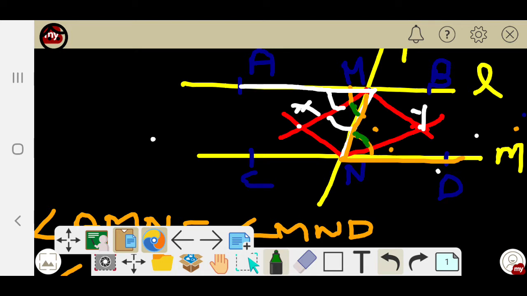These two angles are equal. Here AB is parallel to CD and MN is the transversal. Now we got these two angles equal, so what can we tell? XM is parallel to NY, because if alternate interior angles are equal for any two lines, then they are parallel. So XM is parallel to NY.